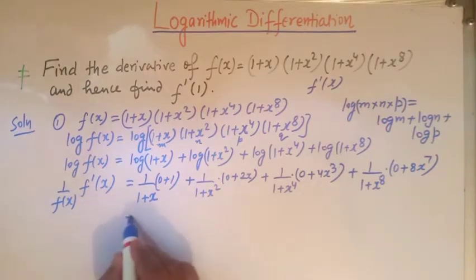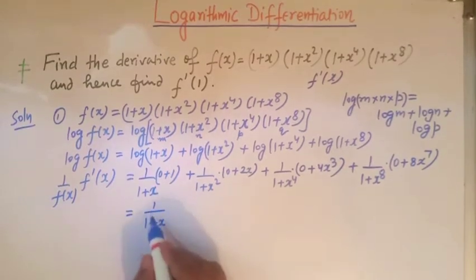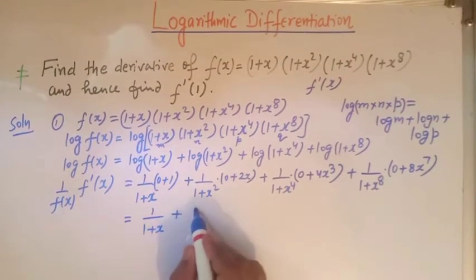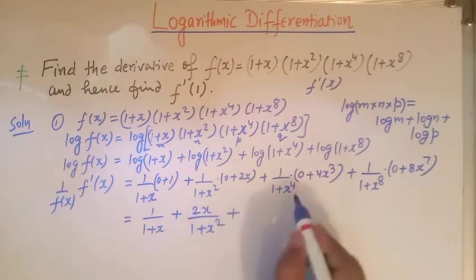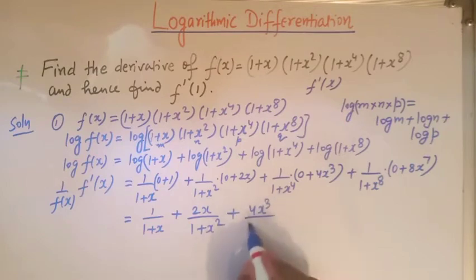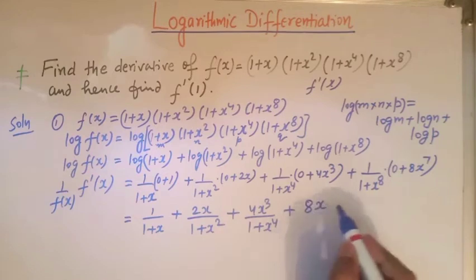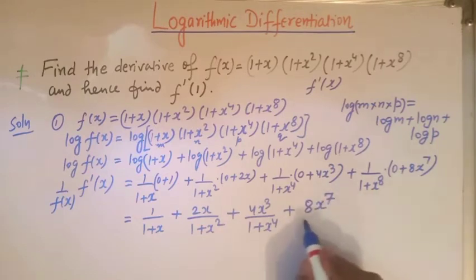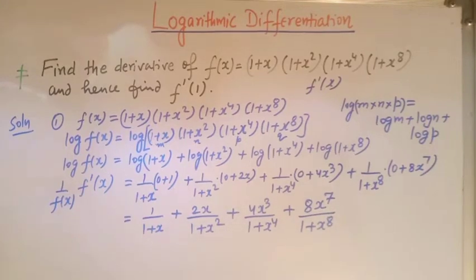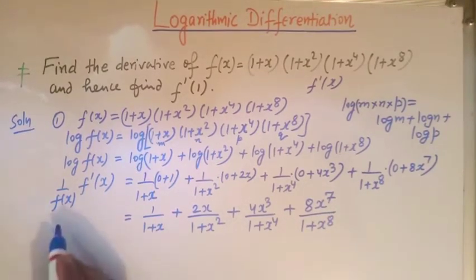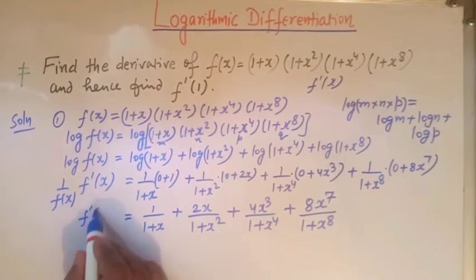Okay, so here we can simplify it as 1 over 1 plus x, then we have 2x divided by 1 plus x square, then we have 4x cube over 1 plus x raised to 4, plus we have 8x raised to 7 divided by 1 plus x raised to 8. Okay, now this is f prime of x divided by f of x.